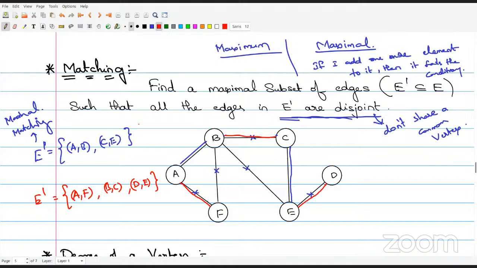Observe, AF is disjoint to BC, and these two edges are disjoint to ED. Now I got three edges that satisfy this condition. Previously I got only two, and those two also satisfy the given condition, so that is also a kind of matching. This one is called a maximal matching and this is called a maximum matching. So maximum, I can have only three edges possible.